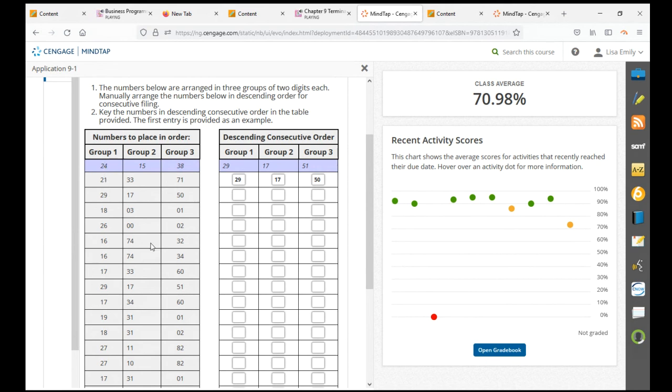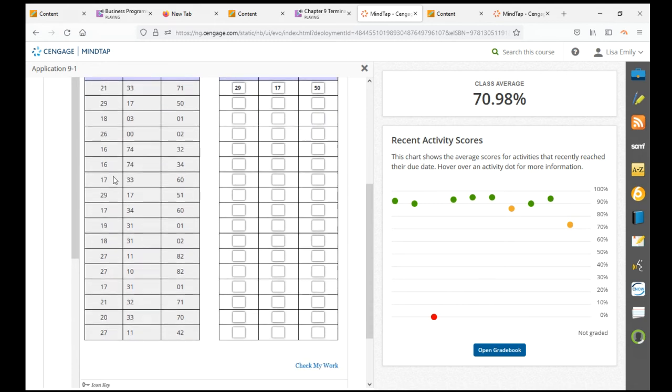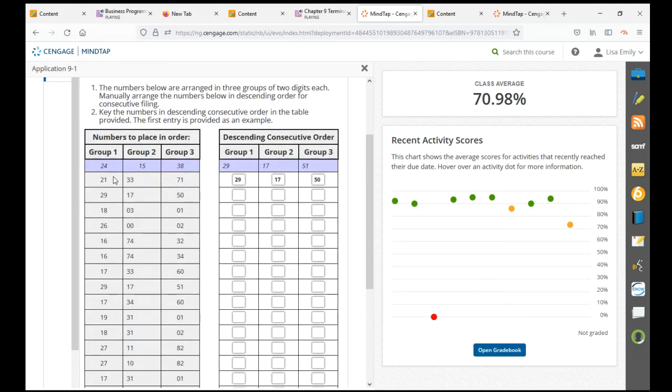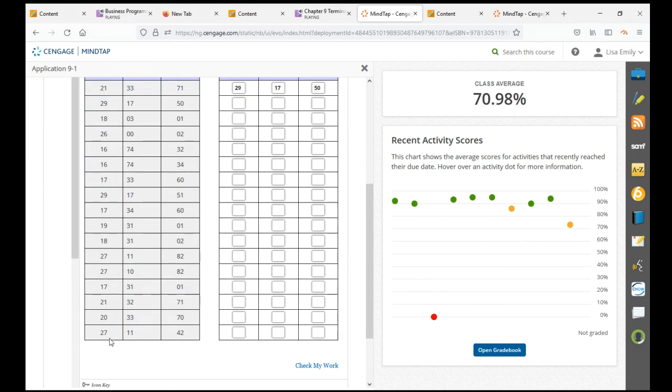And we're starting with group 1, group 2, group 3. Okay, so if 29 is the highest, what's the next number in consecutive order? I think that would be the 27 one. So I'm putting 27 here. Uh-oh, we've got 2 of them.